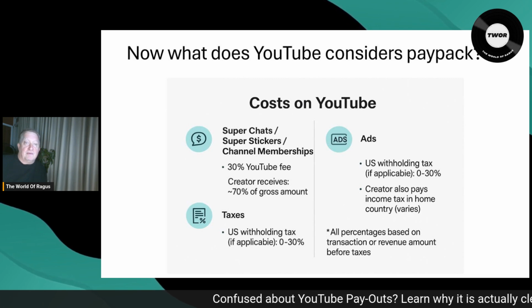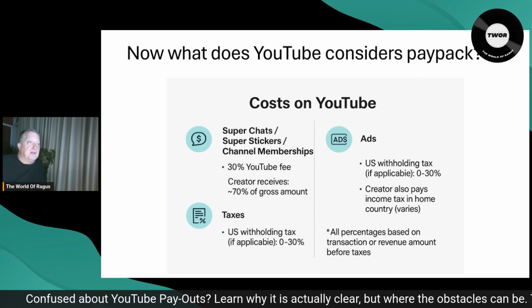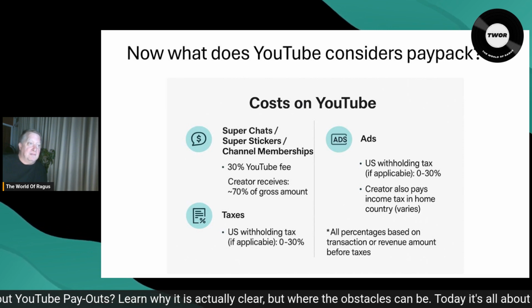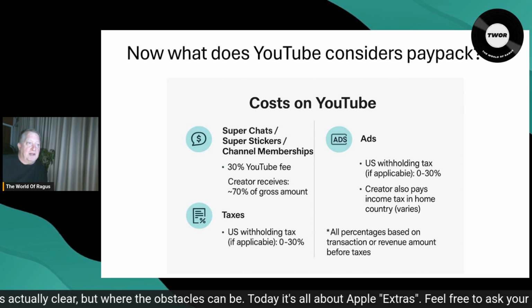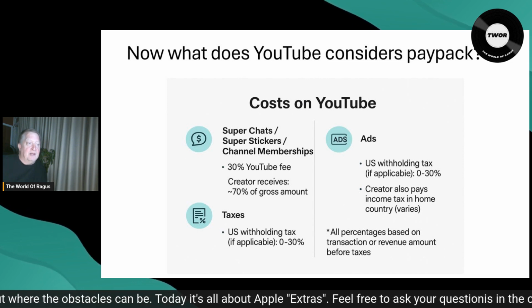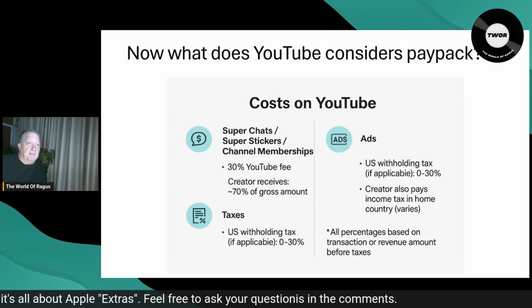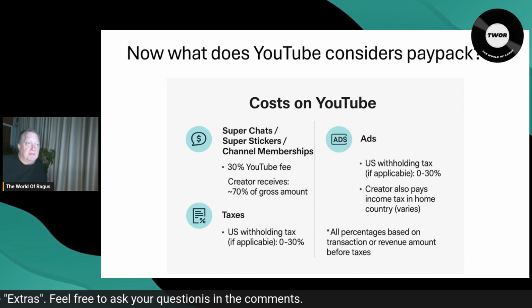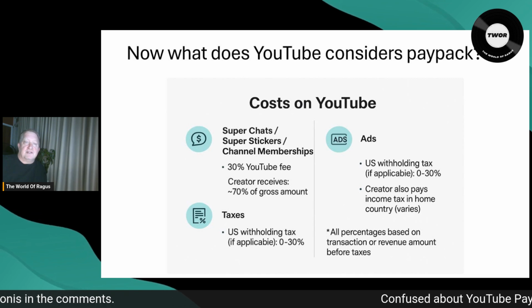You have to make sure that you find that out and maybe speak to a tax person in your country. Now, the ads, obviously, it is a bit different and a bit more complicated, but I don't want to go too much into that today because that is not a super chat, but ads might be differently charged, and I will do an extra tutorial on that, so that you also understand what's going on.